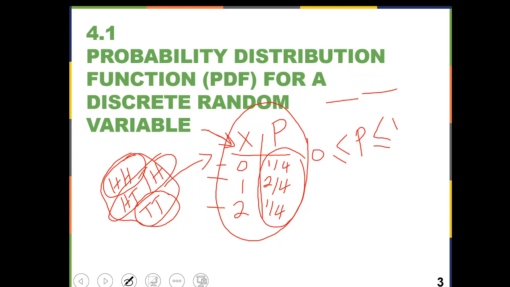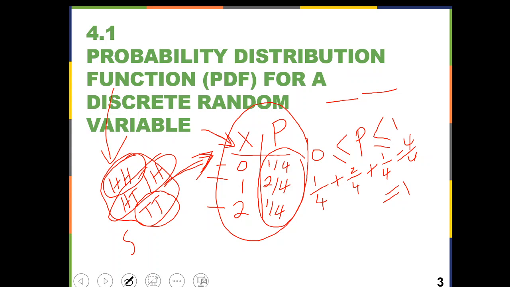And if you add them, 1/4 plus 2/4 plus 1/4 is 4/4, which is 1. This is always the case for probability distributions. So again, we have a chance experiment with a sample space, and based on the sample space, we define a variable and then find the probabilities of the values of that variable.